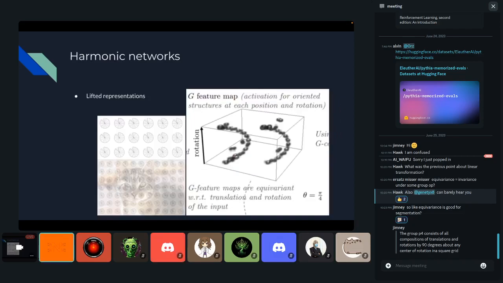So our image is not really an image. It's a function on a circle for each pixel. So it's really 3D, but they represent this third dimension in a clever way. If you have this kind of representation, then you can just do convolution, group convolution in those 3D representations, and get equivariance.